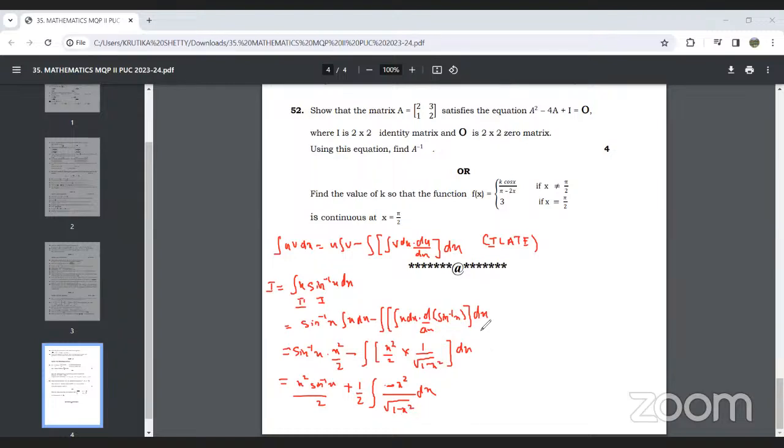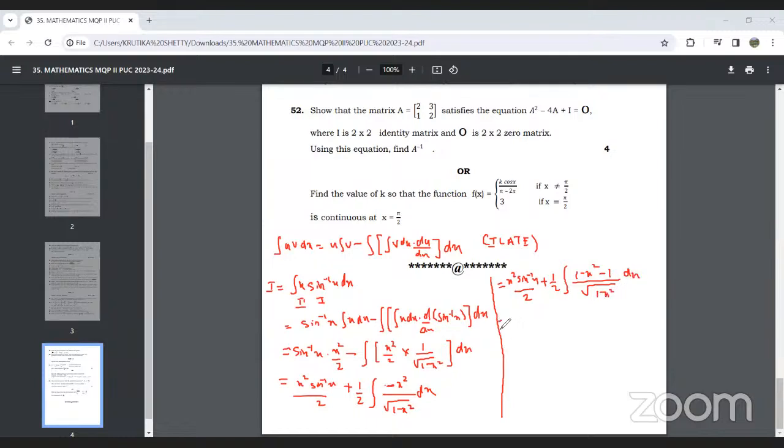Further, x square sine inverse x upon 2 as it is, plus 1 upon 2 as it is, and I will add 1 and then subtract 1 in the numerator, divided by root 1 minus x square dx.